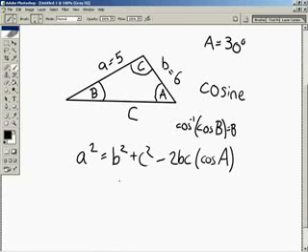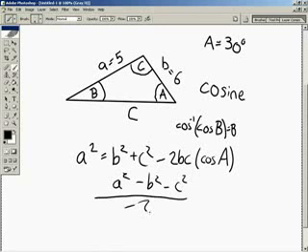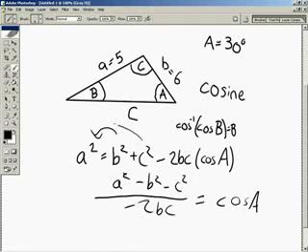They say this: A squared minus B squared minus C squared divided by minus 2BC equals cos A. All I did was bring the B over to the other side, the C over to the other side, and then divide by this whole area to isolate cosine, right? You see that? Yeah. Excellent.